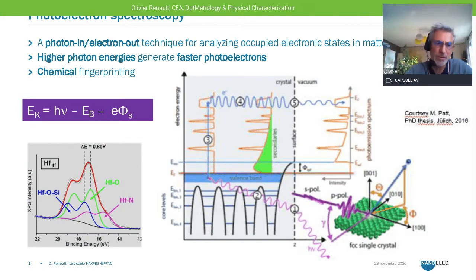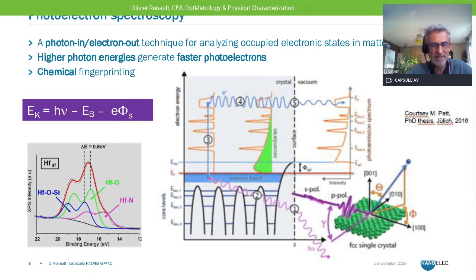Once you know the kinetic energy, which is measured, and you know the photon energy, you can deduce the binding energy, which tells you about the element present at the surface. And from this relation, you see immediately that higher photon energies will generate faster photoelectrons, and this is very important for the following.